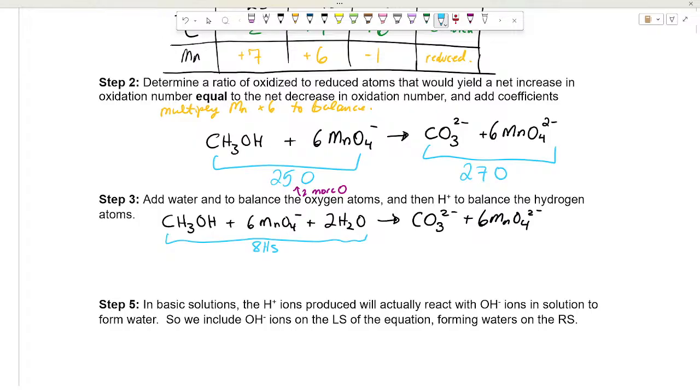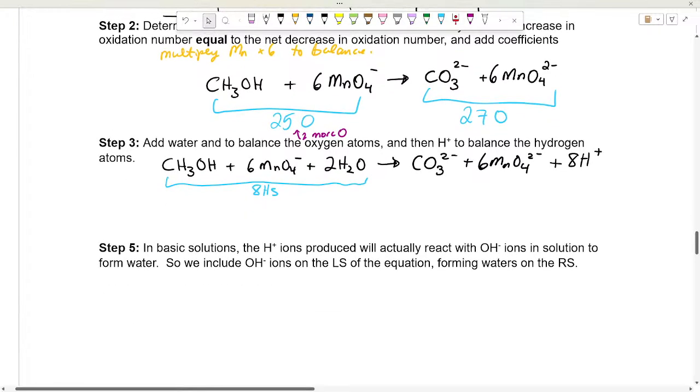So what do we have to balance then on the other side? Plus 8 H pluses. Okay, good. But if this were in acidic solution, this is the answer. Does that make sense?